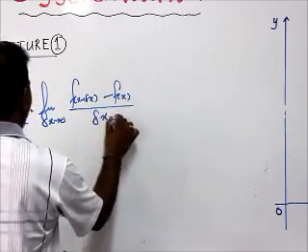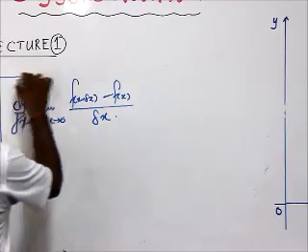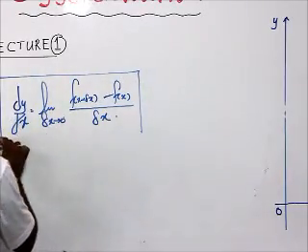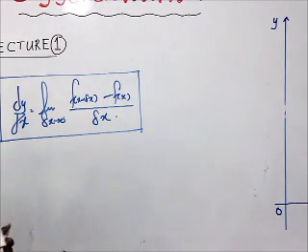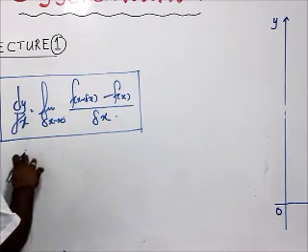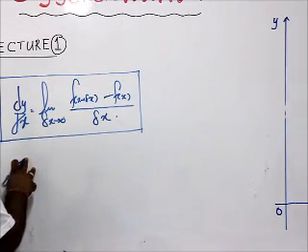So hereafter, if we want to find any function's derivative, we will apply this formula. If you apply this formula, then that method is called first principle. So, finding dy by dx from first principle.